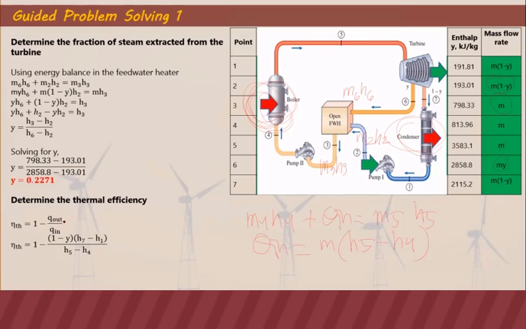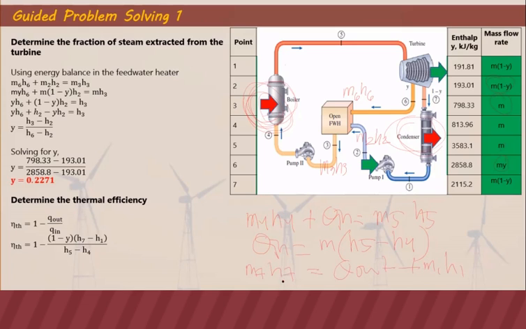For our Q out, it is at the condenser. The mass flow rate here is different. That is 1 minus y. So that's why for that point, we can use H7 plus, is equal to, so in and out are our Q out, of course, plus M1 H1.